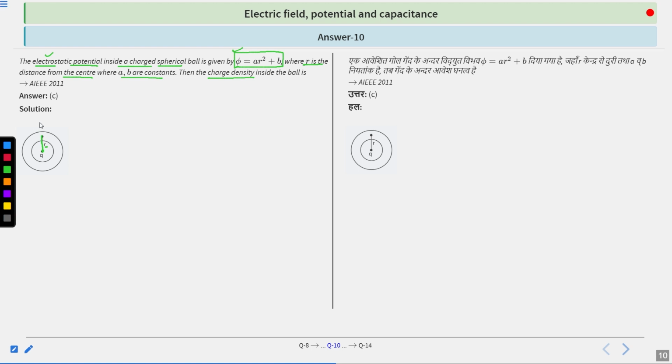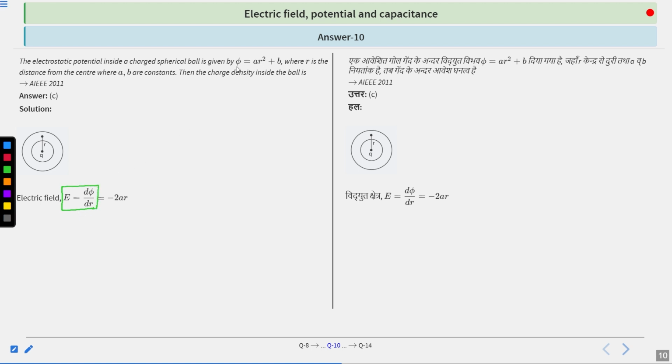So this is a spherical ball, this one, and this is the center, and we have to find the charge density at the distance from the center, and that distance is r, this one. Clear? So we know electric field is equal to minus d phi upon dr.